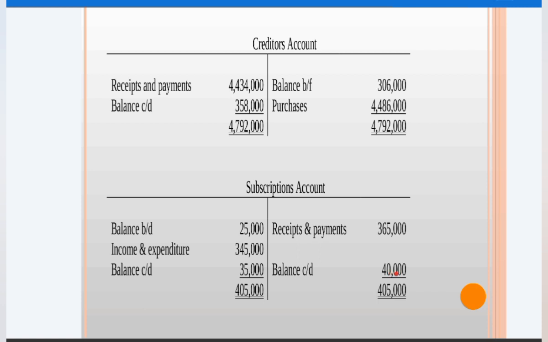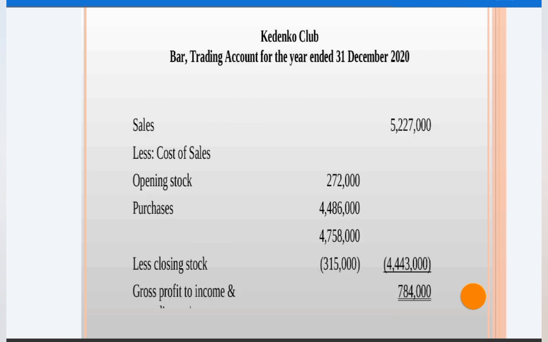We add the 40,000, and of course we get 405,000. So when we balance this account, we should get 355,000, which will be the amount we take to our income and expenditure account. So the amount received in the receipts and payments account is the 365,000. So the 345,000 should be taken to the income and expenditure account.